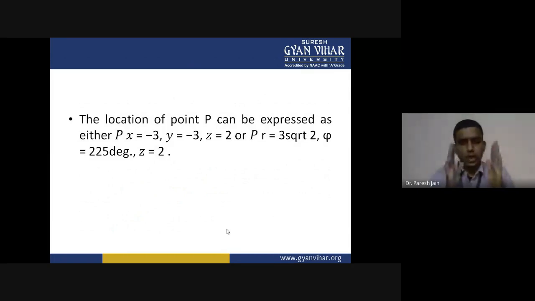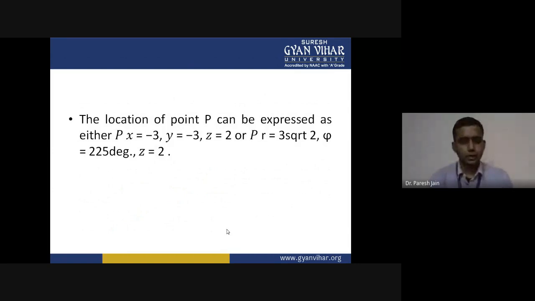So after solving all these three problems, we are able to solve conversion related problems of the Cartesian coordinate system.